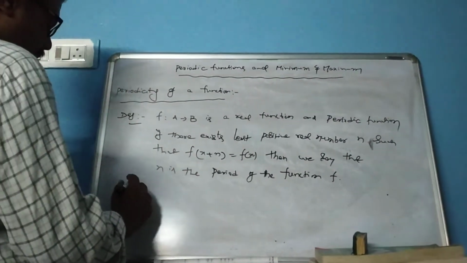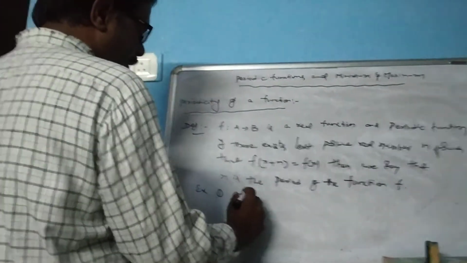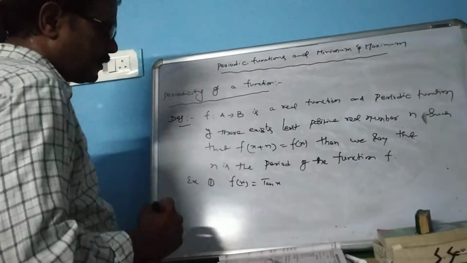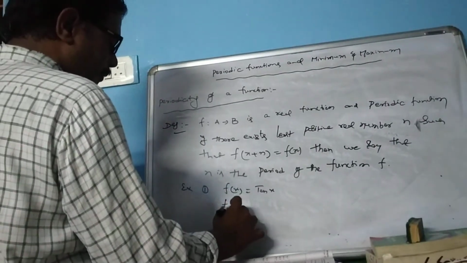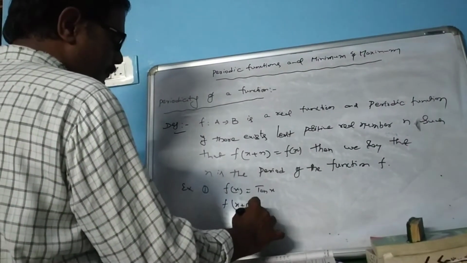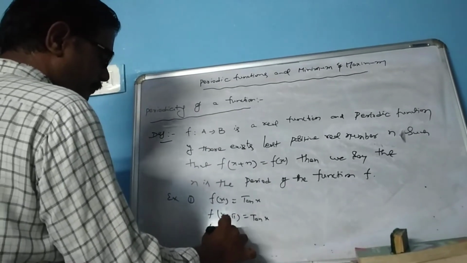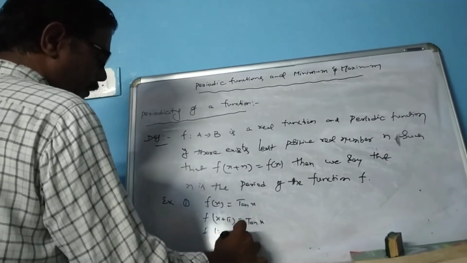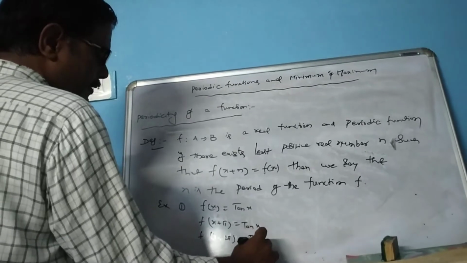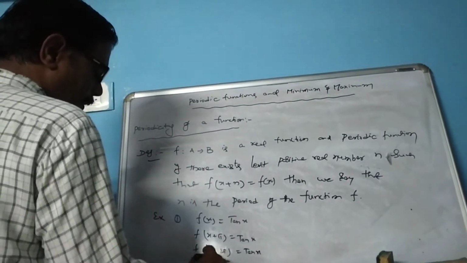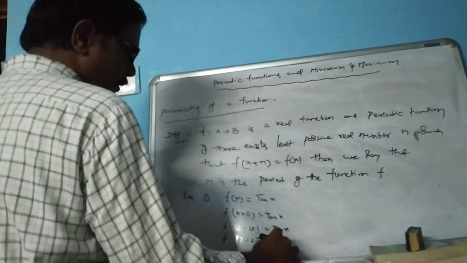For example, consider f of x is equal to tan x. f of x plus pi is equal to tan x. f of x plus 2 pi is also tan x. f of x plus 3 pi is also tan x.